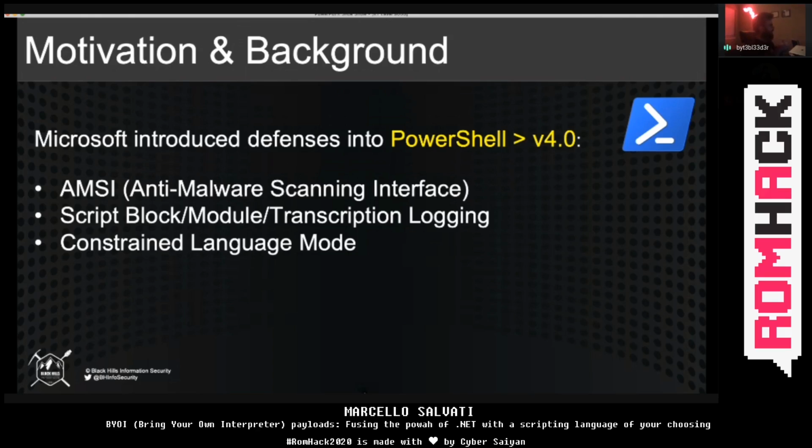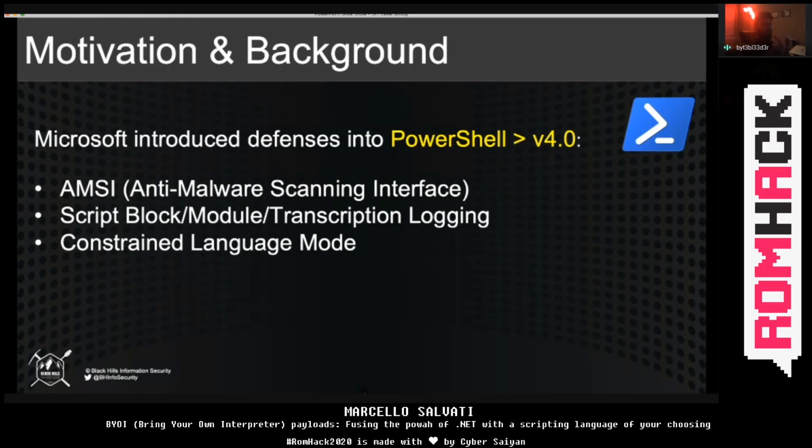And they did this by introducing AMSI, which is nothing but a signature-based AV engine inside the PowerShell runtime itself. And the great thing about AMSI is it allows you to signature completely in-memory scripts. Okay, so that's the great thing about AMSI.